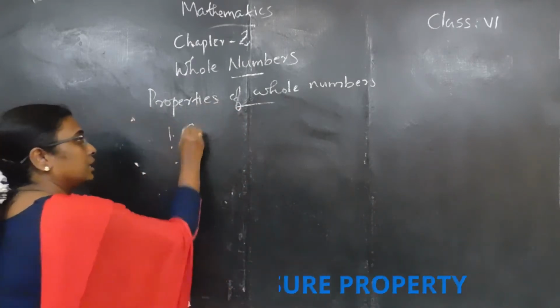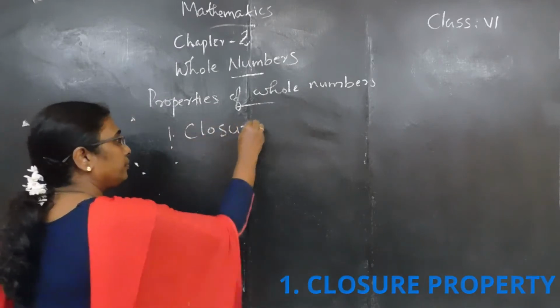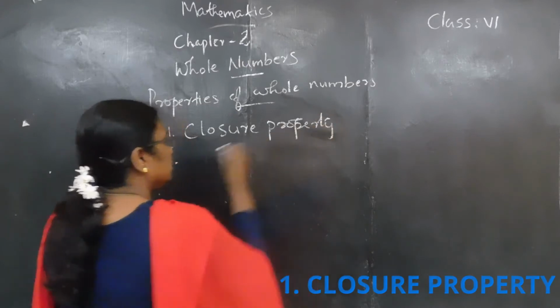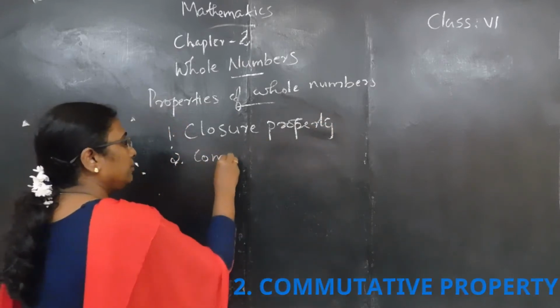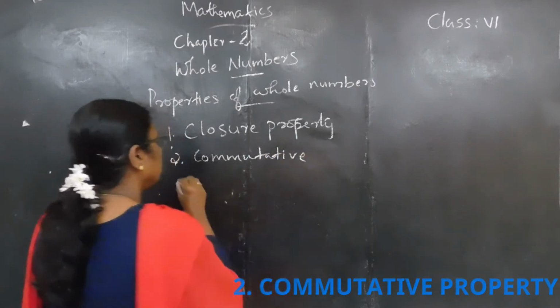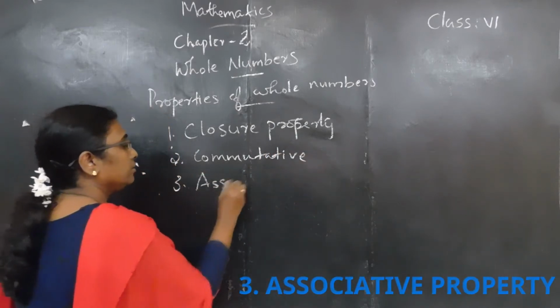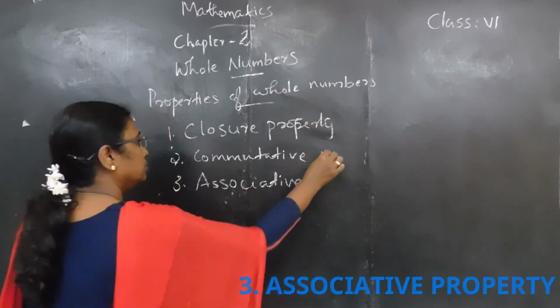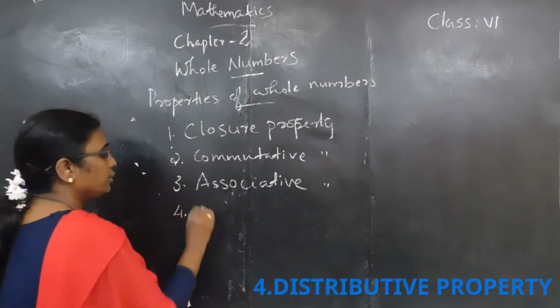First one, closure property. Commutative property. Associative property. Distributive property.